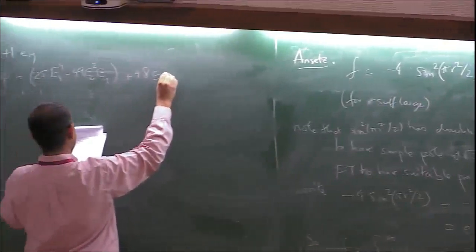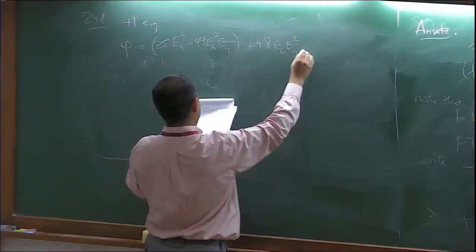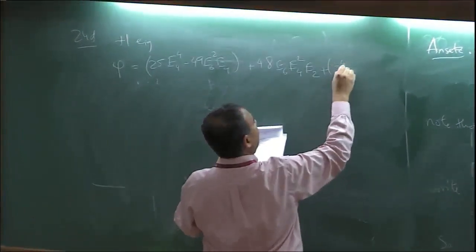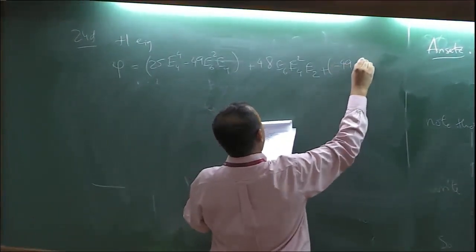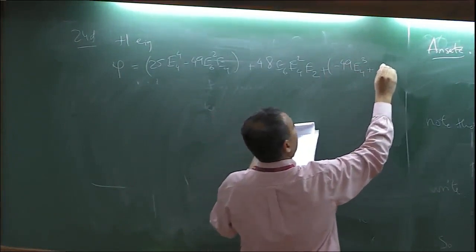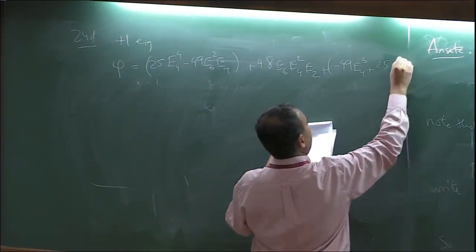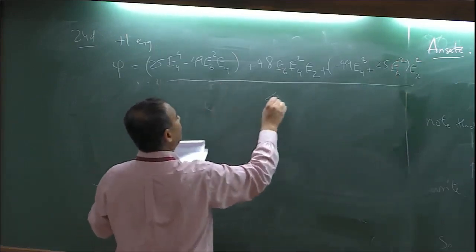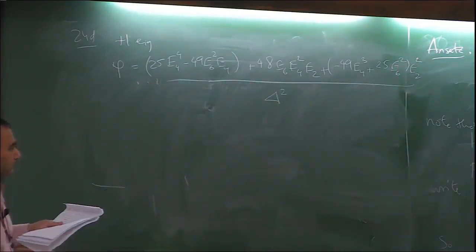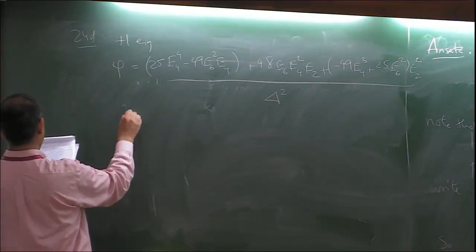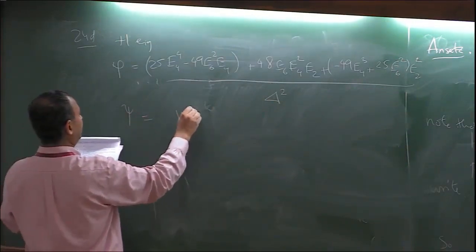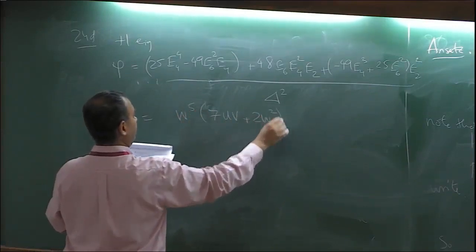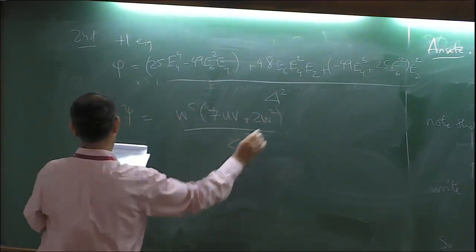There are lots of coincidences between these numbers. You might have fun exploring some of them. E2 plus minus 49 E4 cubed plus 25 E6 squared E2 squared, divided by, now you need a square of delta in the denominator. And then psi equals w to the 5th times 7uv plus 2w squared over delta squared.